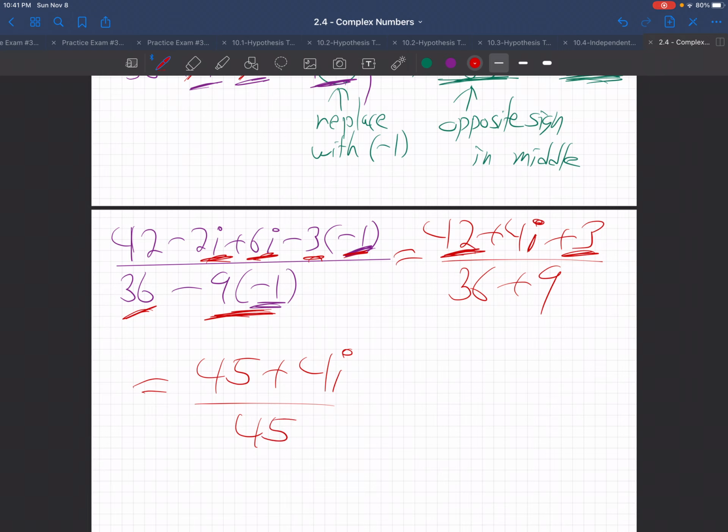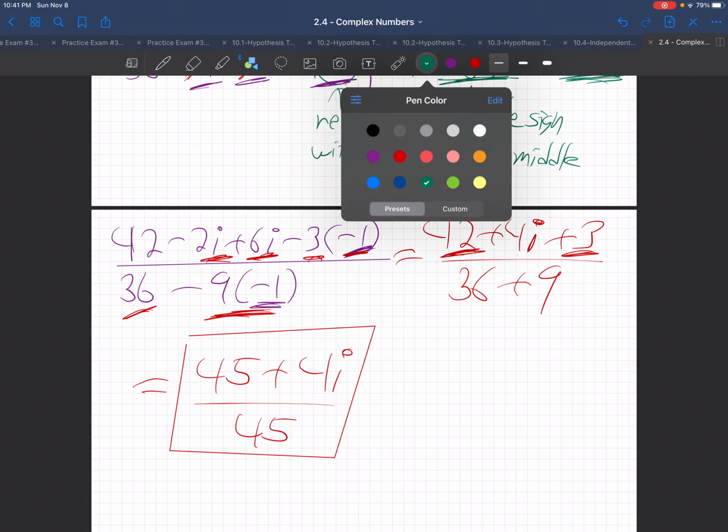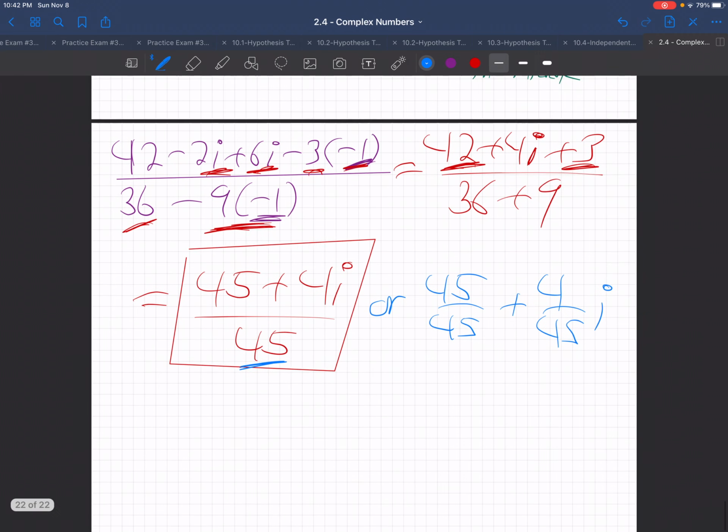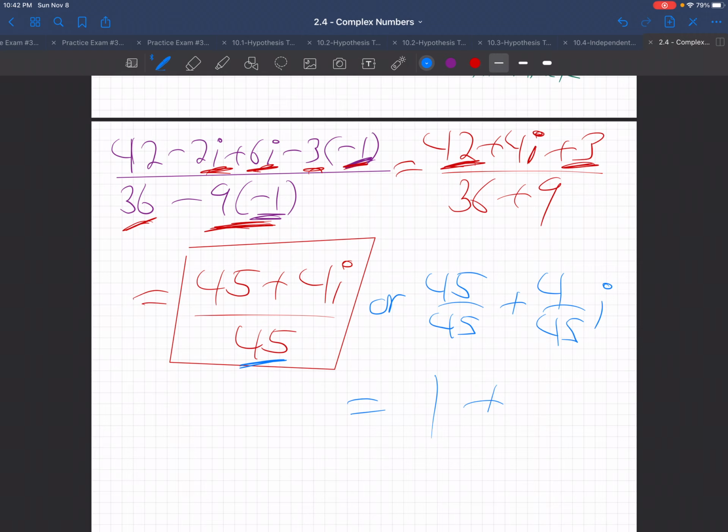You can leave it like that. That's actually a fine answer right there. Or if it bugs you and you want to rewrite it, you can separate 45 over 45 plus 4 over 45i. You can just put that 45 underneath each of them separately, and then that would be 1 plus 4 over 45i. That's another valid answer.